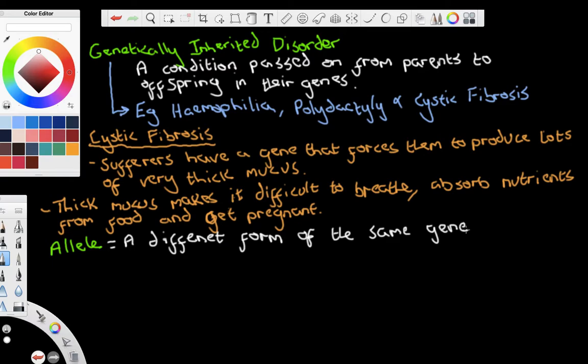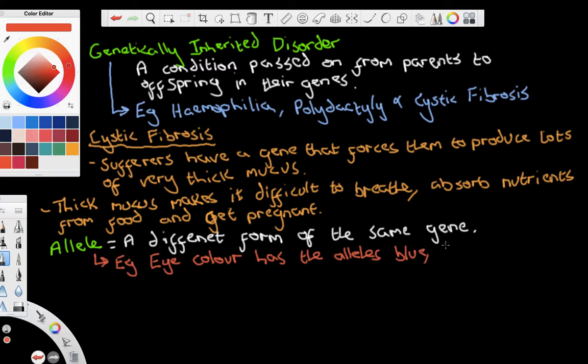So for example, eye colour has different alleles. You can have an allele for brown eyes, an allele for blue eyes, an allele for green eyes, and so on and so forth. So we can put underneath here, for example, eye colour has the alleles blue, brown, green.